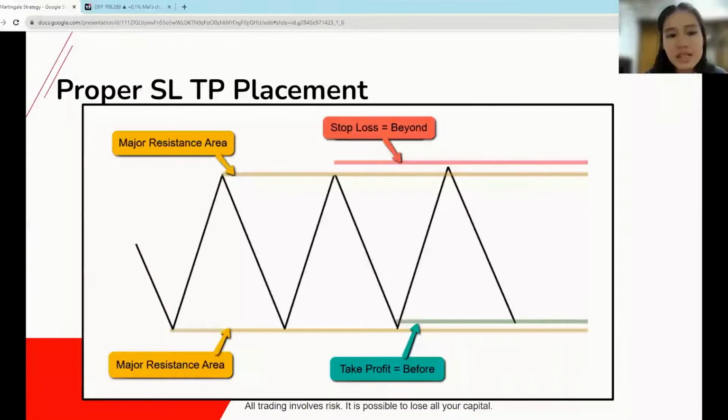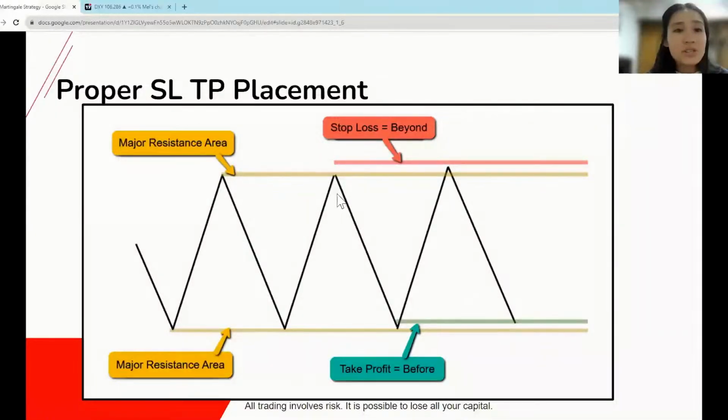Okay, here is another example. In this case, we are going in for a sell, which is why our take profit is at our support level. So this is actually a support area, not resistance.